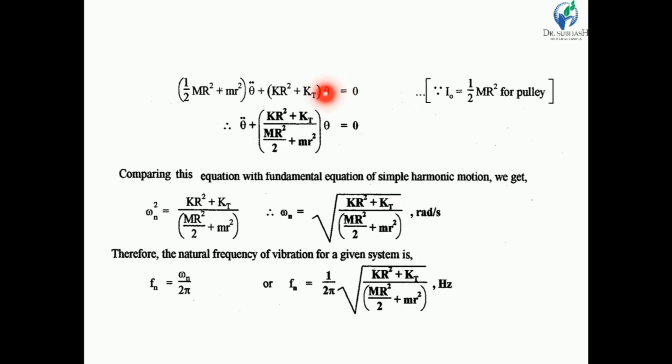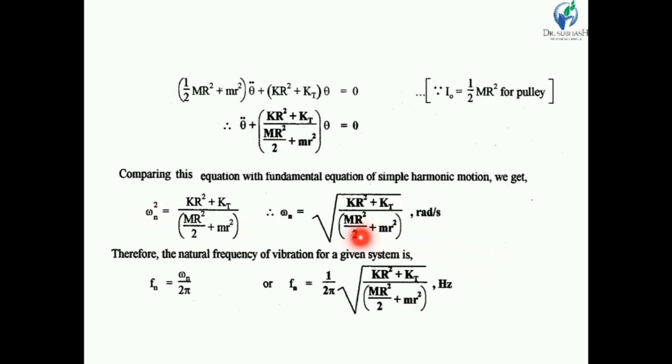So finally, if we simplify the equation, then we get theta double dot plus in a bracket capital K R square plus capital Kt divided by capital M R square by 2 plus small m r square bracket complete into theta is equal to 0. If we compare this equation with the simple harmonic motion equation, then we get omega n square is equal to K R square plus Kt divided by M R square by 2 plus m r square.